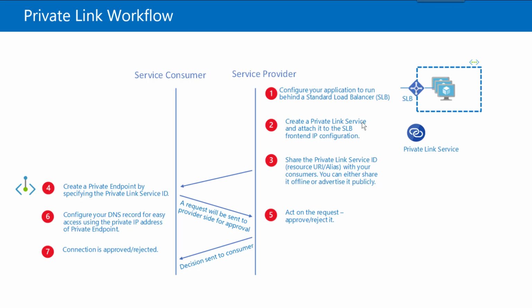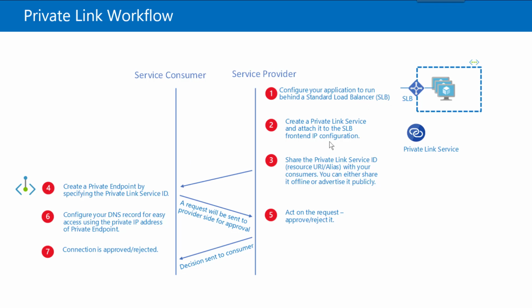Now you create a private link service, and you attach this private link to the load balancer, as we have seen in the diagram. Then you share this private link service ID. The service ID is nothing but a resource URI, in a specific format in Azure, with your consumers, so that these consumers can access this resource via the resource ID, because the resource ID is unique. Consumers need to know which resource they are trying to connect to.